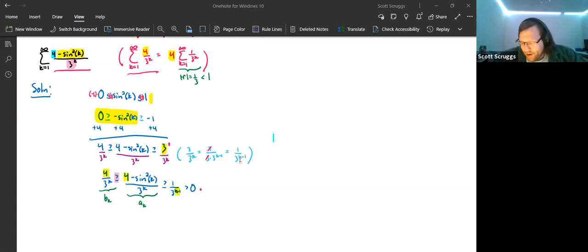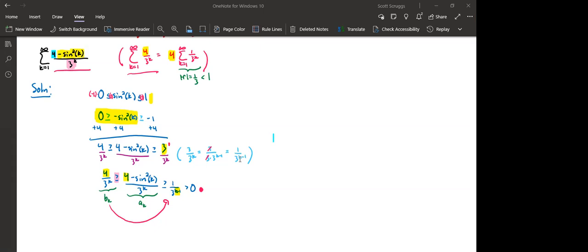Keep in mind that for direct comparison tests, you do need to show that inequality. So what I don't want to see is if you did show, oh, 4 over 3 to the k power is less than those terms, and that converges, therefore the series converges. I'm like, nope, that 4 over 3 to the k is where it's not supposed to be. So you can't use direct comparison test to show me that. That's what I more care about.